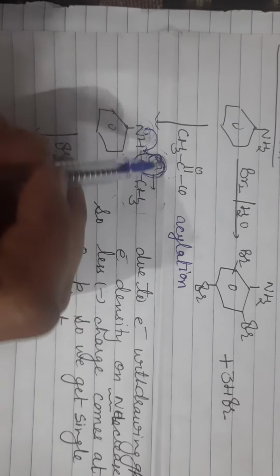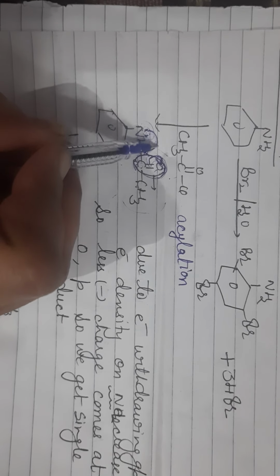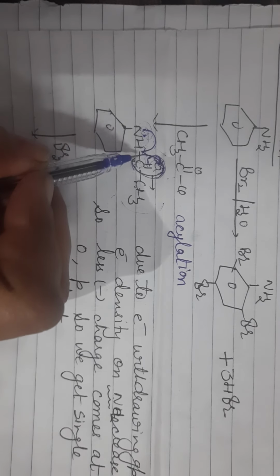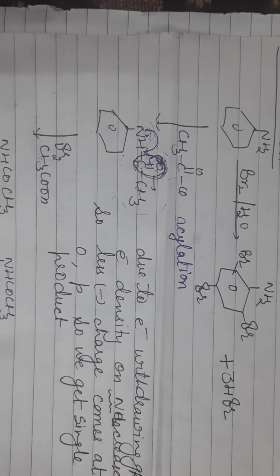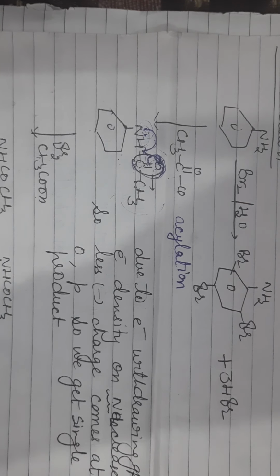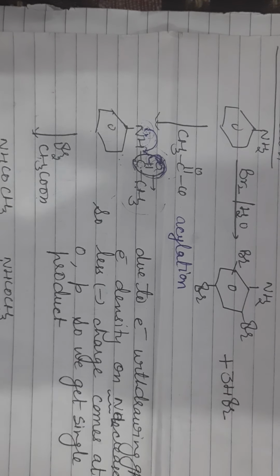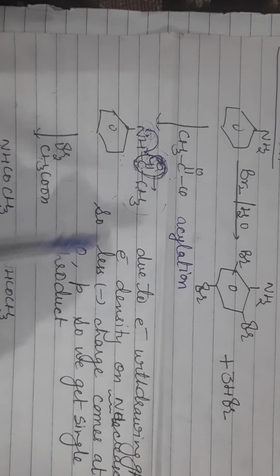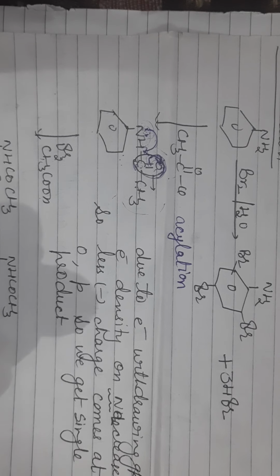Why do we get a single bromo product? Because this is an electron withdrawing group. Due to resonance, it withdraws the lone pair of electrons and stabilizes them on itself. That's why the electron density on nitrogen gets decreased, and due to this decrease we get a single bromo product.